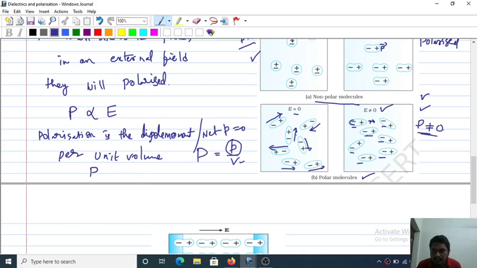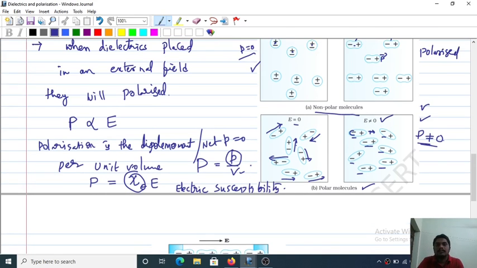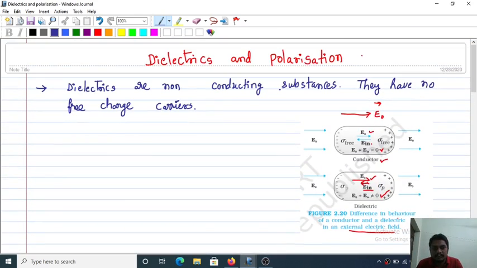So we can write P is equal to chi_e times E. This chi_e is called electric susceptibility.